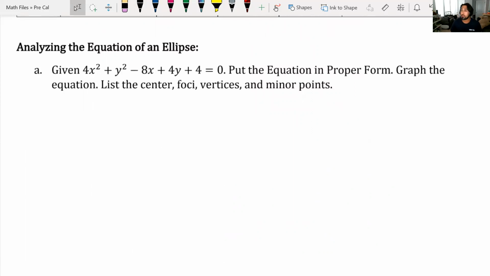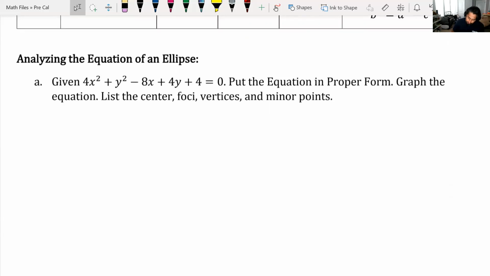Given 4x squared plus y squared minus 8x plus 4y plus 4, put the equation into proper form and graph the equation, list everything. All right. Well then, let's see. This is basically the general form of an ellipse. Let's put it into standard form. So in order to do that, let's put our x terms together and our y terms together.